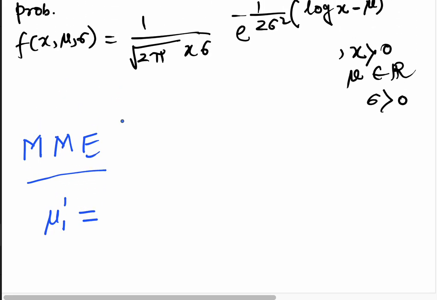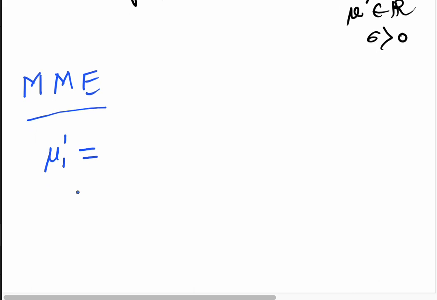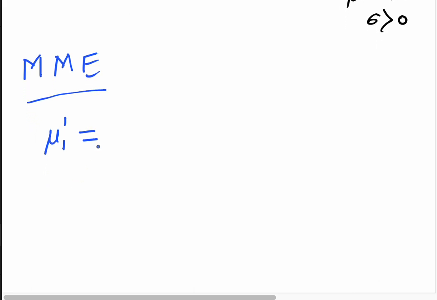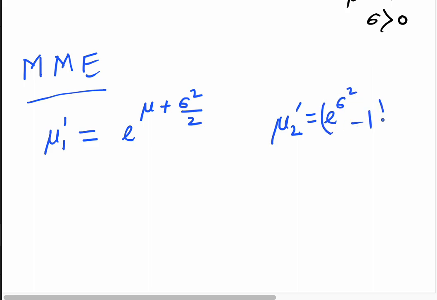For log normal, we know that the first moment is nothing but e to the power mu plus sigma square by 2, and the second moment mu 2 prime is e to the power sigma square minus 1, into e to the power 2 mu plus sigma square.